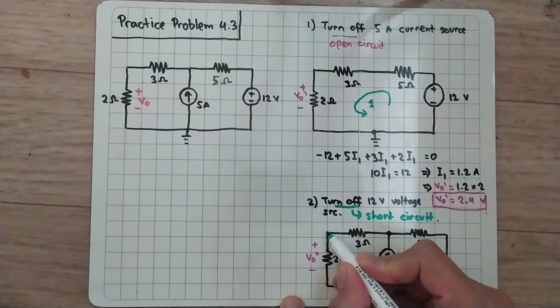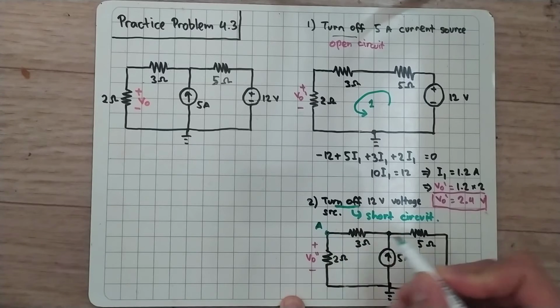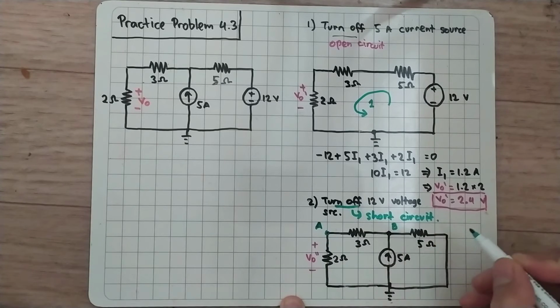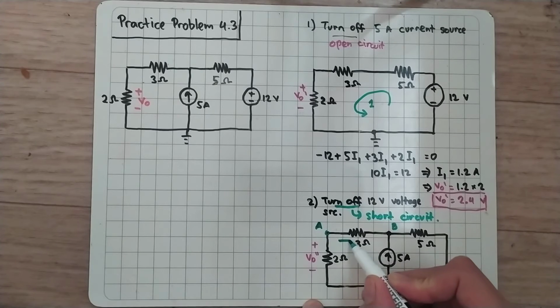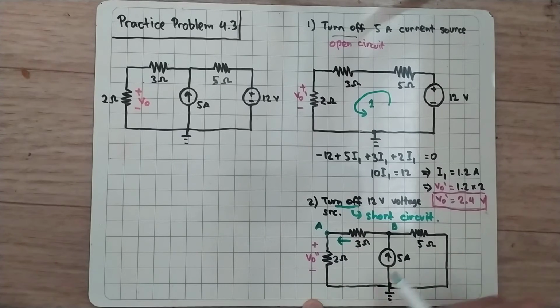So I name this as node A, I name this as node B. So first I want to assume the current which is going there, and I want to assume this current is going there.